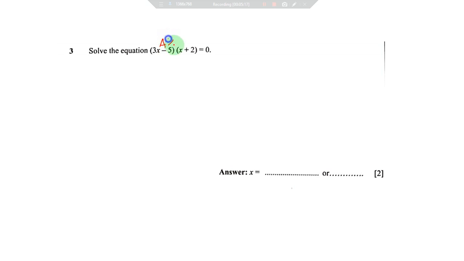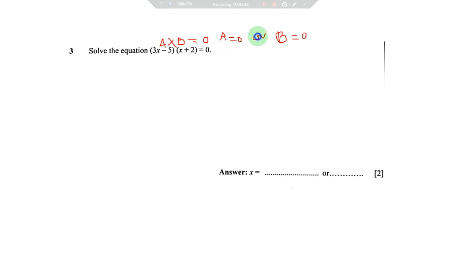The product rule says that if a times b is equal to 0, then a is equal to 0, or b is also equal to 0. That is what the product rule states.